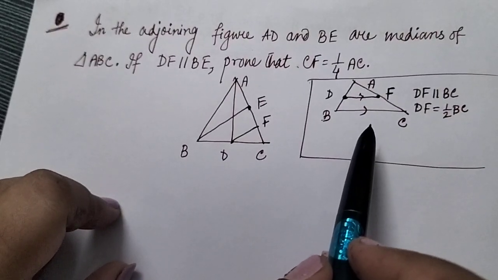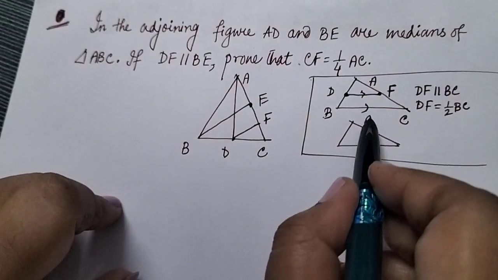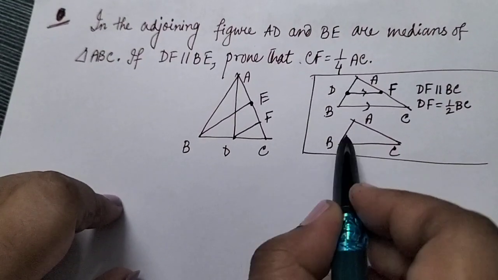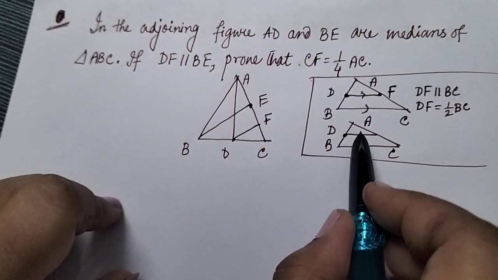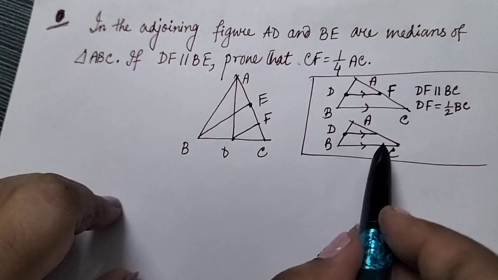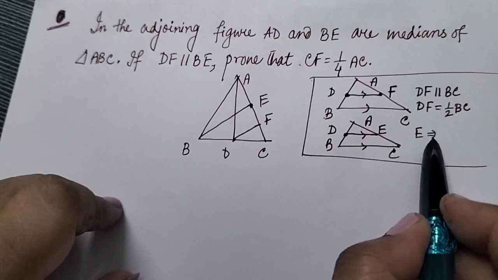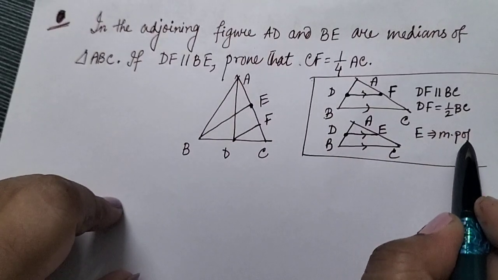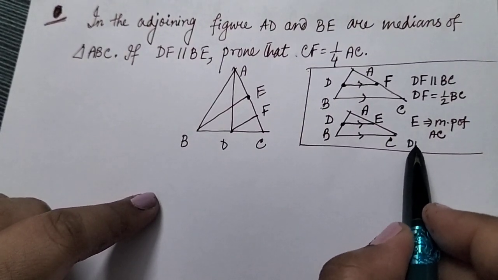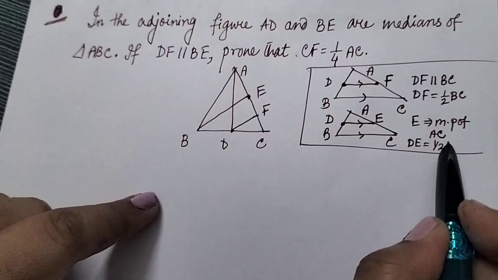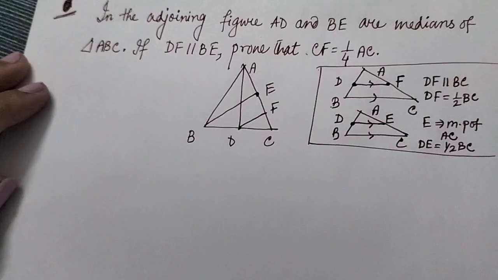On the contrary, in the converse of the midpoint theorem, we get: if in triangle ABC, D is the midpoint of AB, and if a straight line parallel to BC is drawn which cuts AC at E, then E will be the midpoint of AC and DE will be equal to half of BC. So these two statements must be remembered for solving this problem.